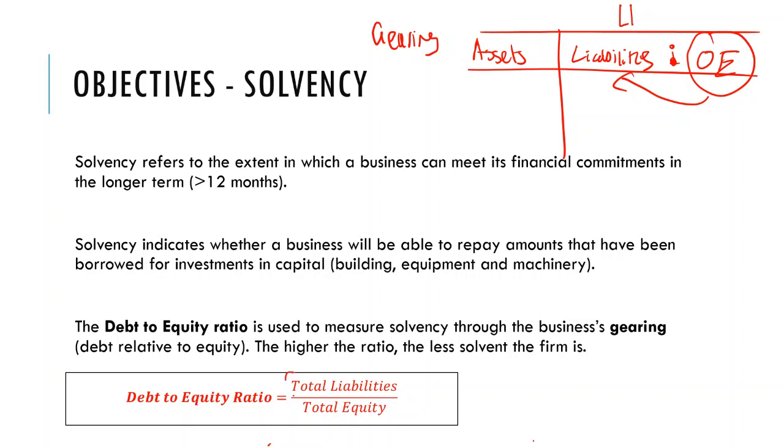So if we have too many liabilities, it's bad, okay? Because we might not be able to pay with that equity. So the higher the ratio, i.e. the more liabilities, the less solvent. We might not be able to trade when we're insolvent. Well, obviously you wouldn't. That's illegal in Australia.